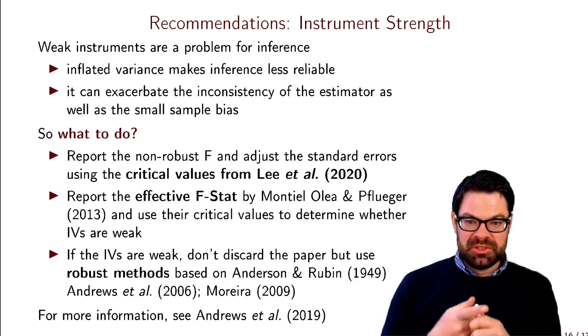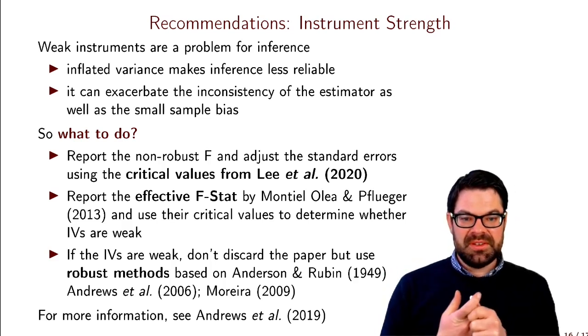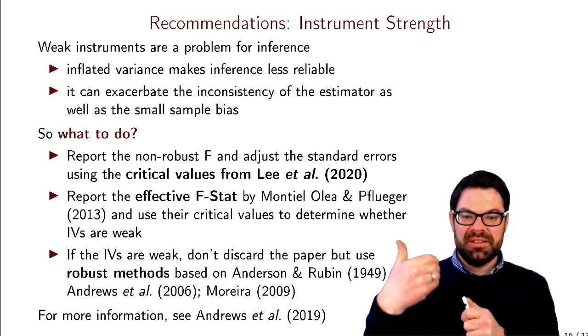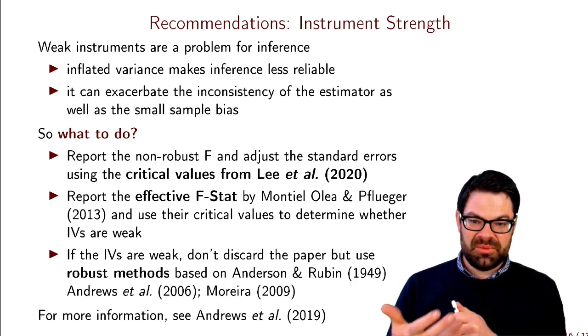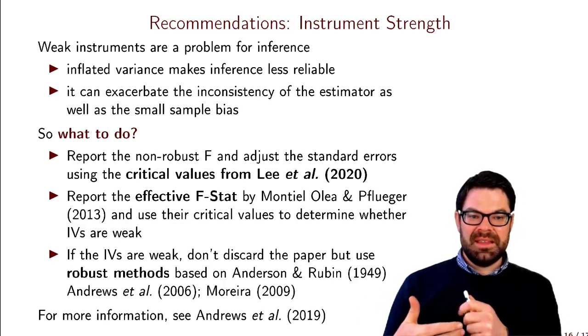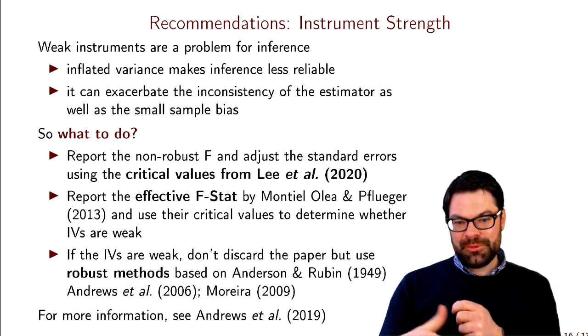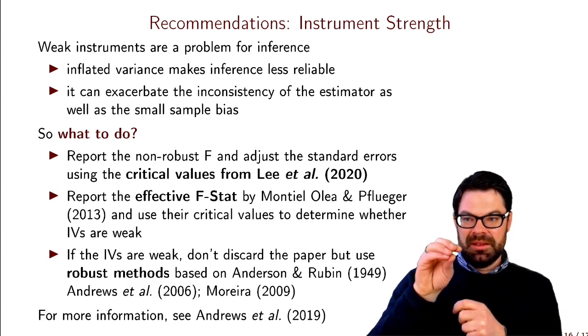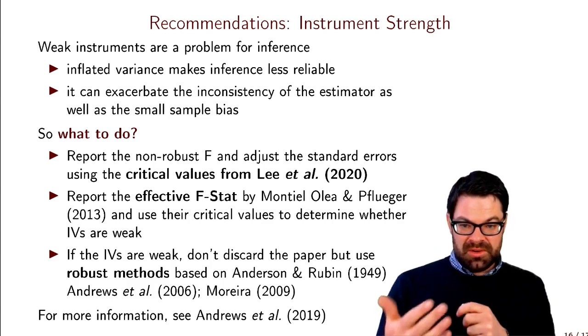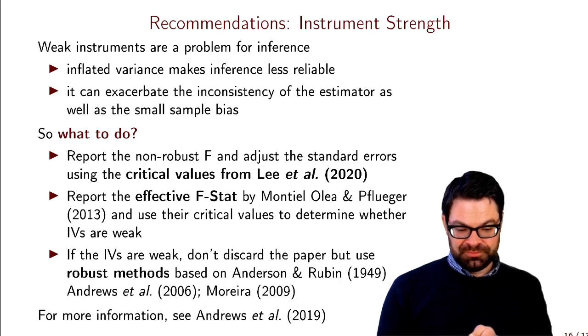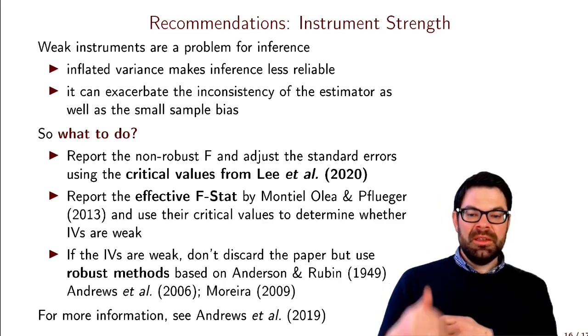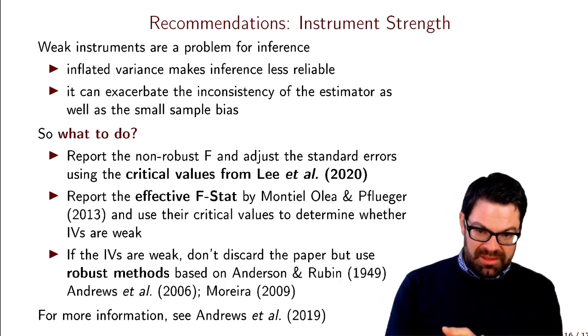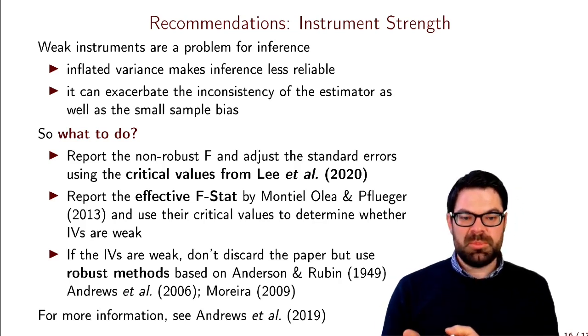It's also advisable to report the effective F statistic that takes into account things like clustering and so on, and has a more reliable, if conservative, procedure for determining whether your IVs are weak or not. Then, if you find that your IVs are weak, don't discard the paper.